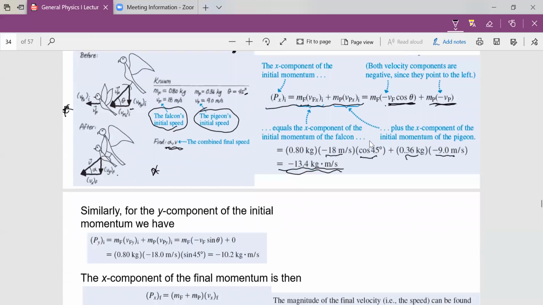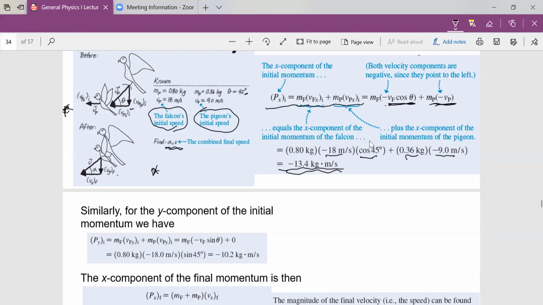For the Y, we bring out the momentum component for that as well, which is the sum of the, remember we're still dealing with the initial momentum, initial X component and the initial Y component. So for the Y component, the Y direction of the pigeon is 0.